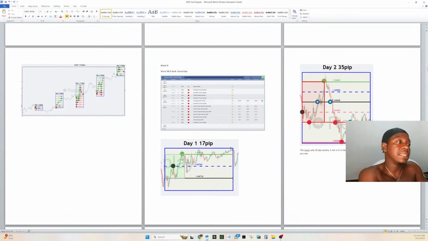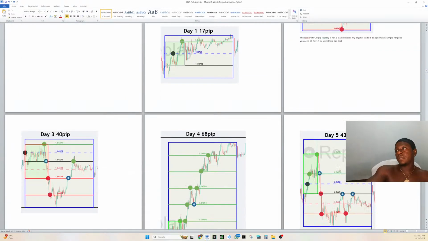So you need 60 pips for a 1-to-1. Is it? Or something like that. Something like that.